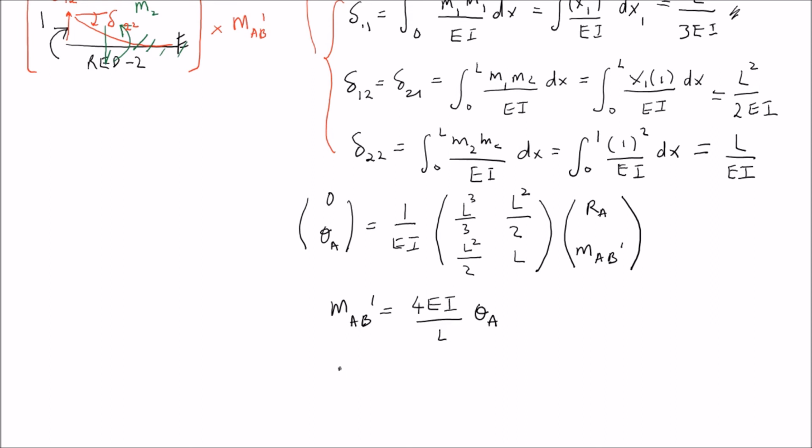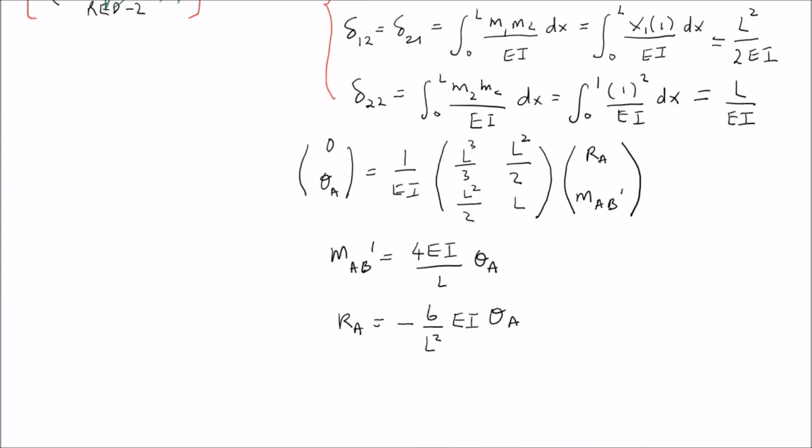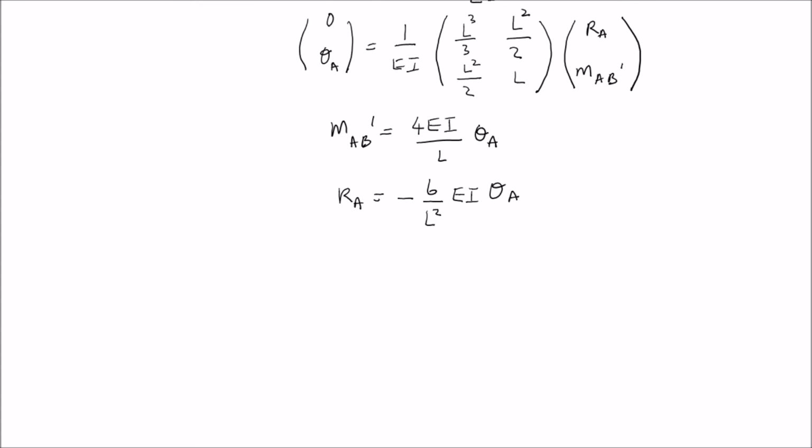And with that you will get RA equals to negative 6 over L squared EI theta A. So what this means is that under this original system, we already got MAB and RA, and then you can find MBA.